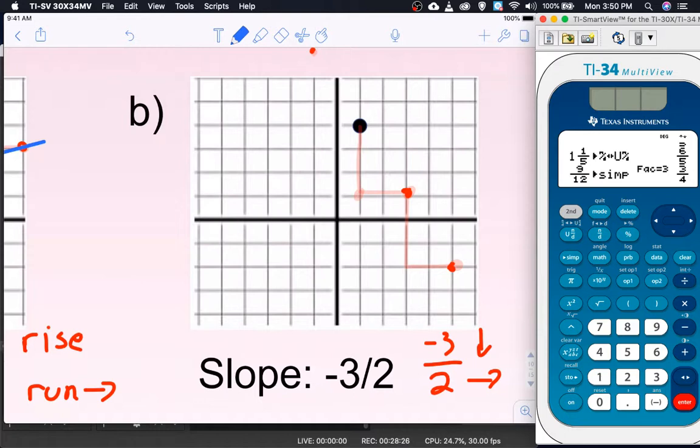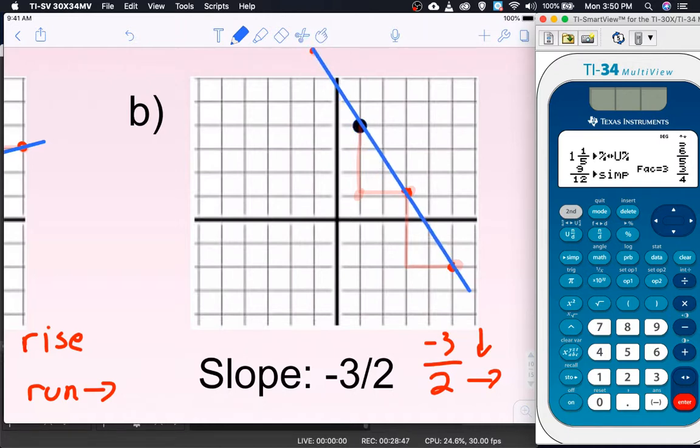And now when I draw my line, I try to make my line go from edge to edge. That's how you want your lines to go. That should extend the whole way across the graph. You should not have just a tiny little line like this. That's not how lines work. Lines extend forever and ever and ever.